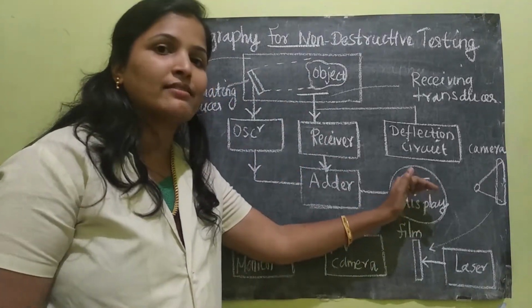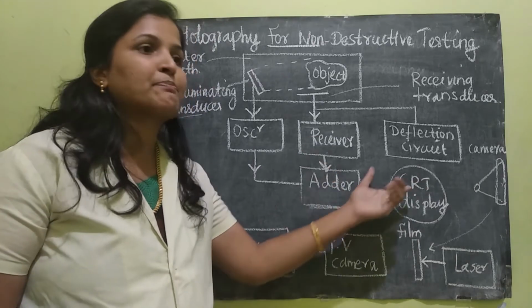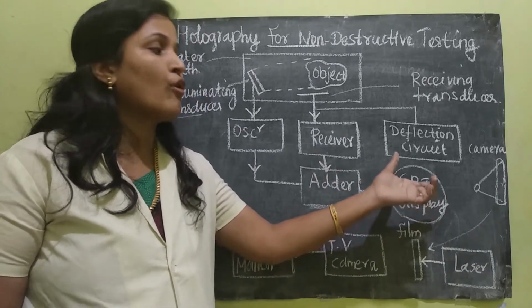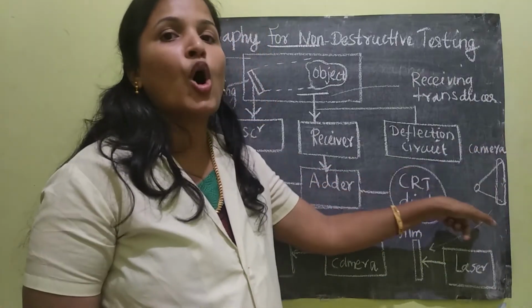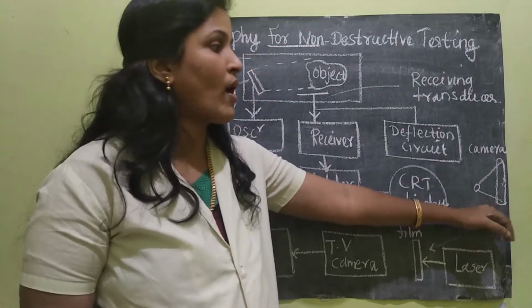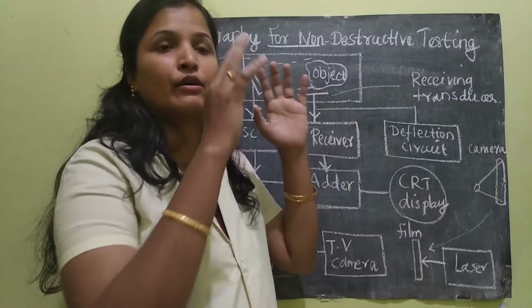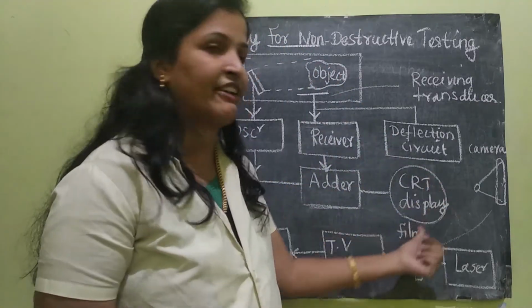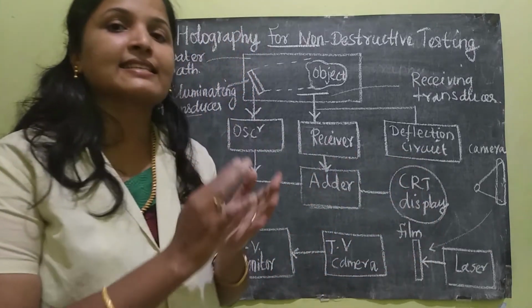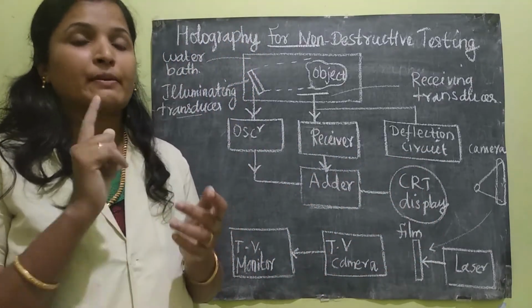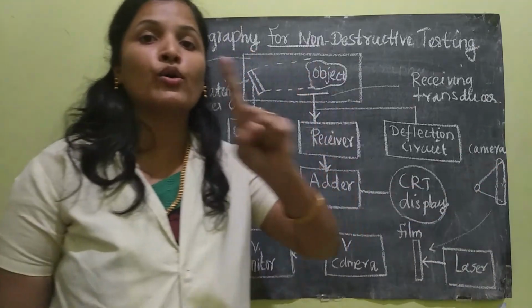Using that display, the interference pattern is displayed. The interference pattern is recorded using a normal camera. Once the camera records this interference pattern, the film is taken and it acts as the hologram. Remember, this is your hologram now.